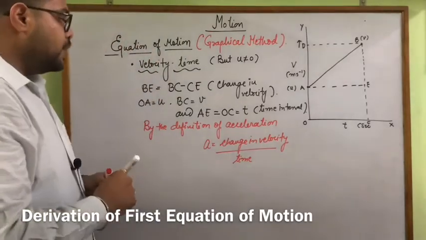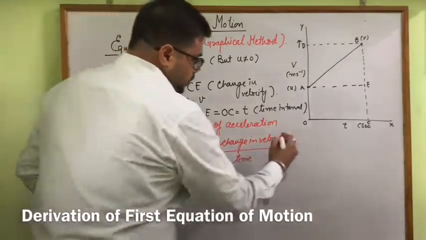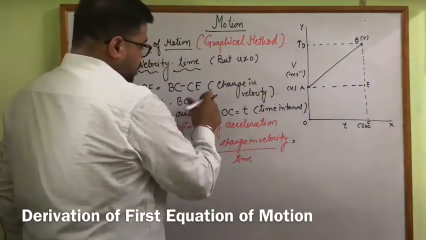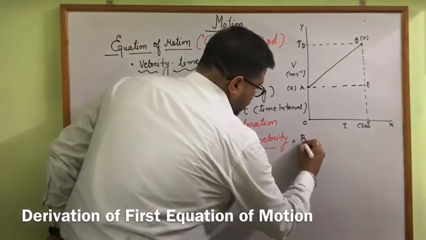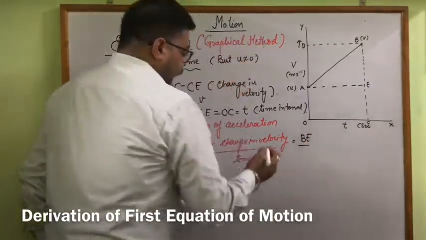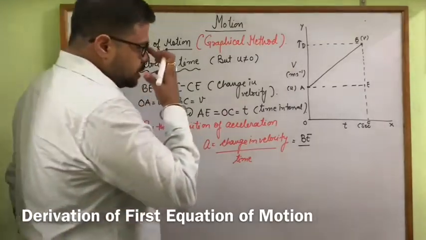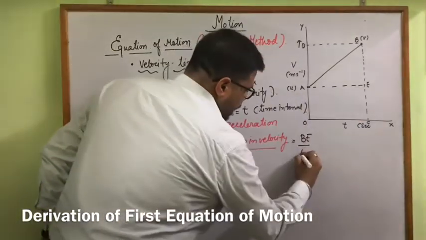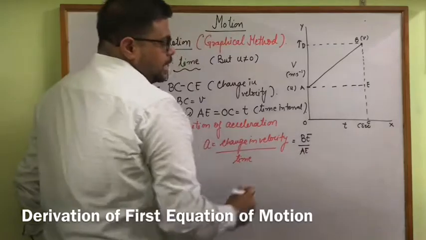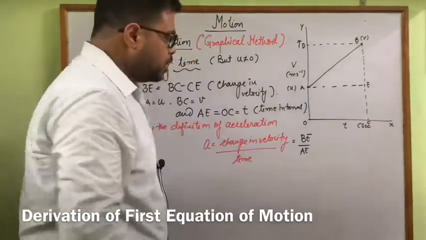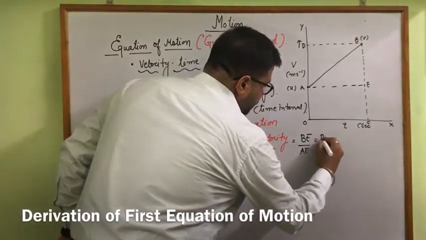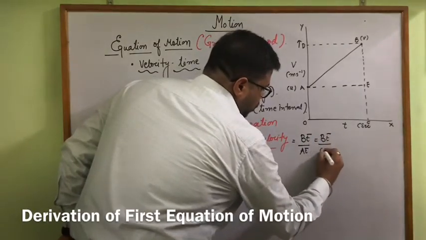So here change in velocity will be equal to BE, and the time here is AE, and AE is parallel to OC, so we can also write BE upon OC.